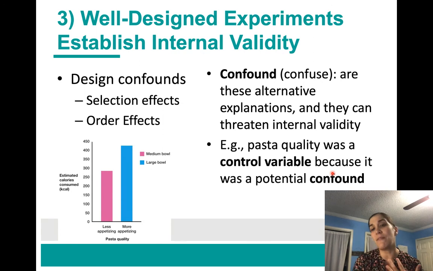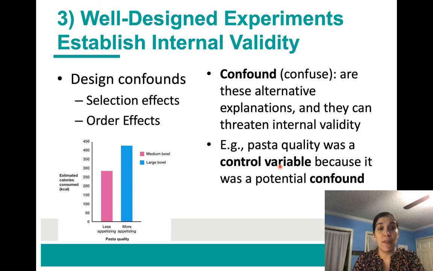These are the alternative explanations that threaten our internal validity, such as pasta quality, pasta sauce type, time of day, right? We thought about it ahead of time. What are these confounds? What are these potential alternative variables? And we use them as control variables ahead of time.